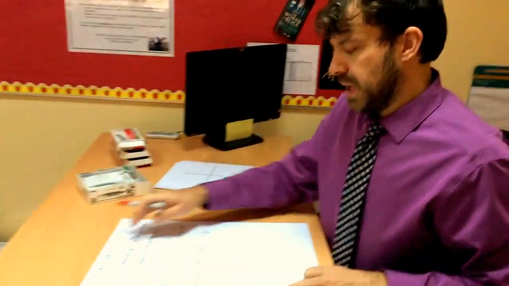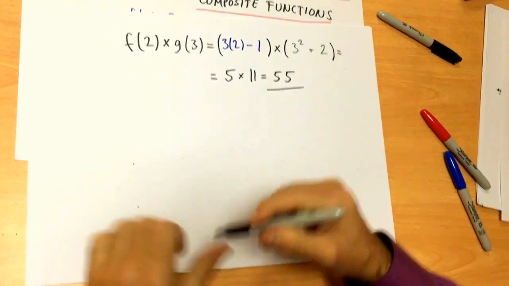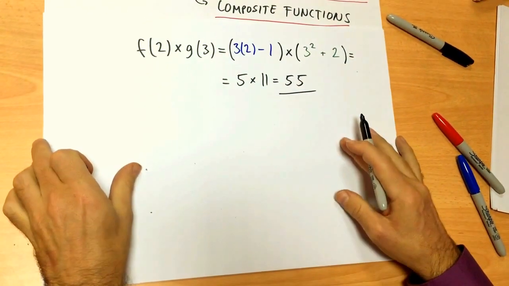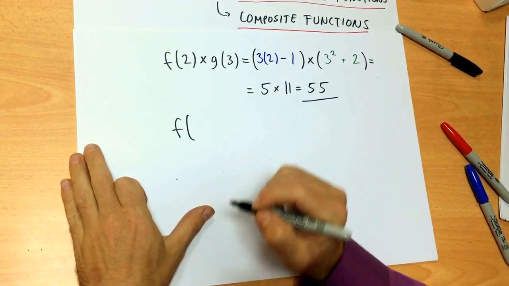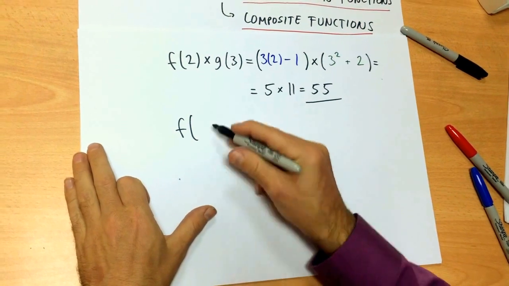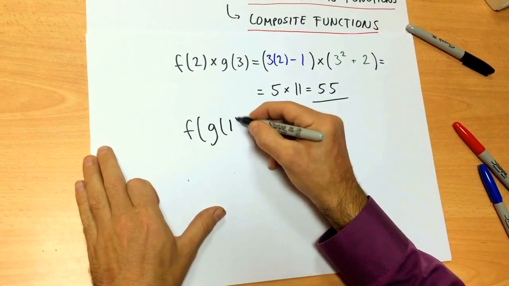Let's do the composite functions. Okay. Composite functions, what does that mean? Composite functions means that you have a function inside a function. We might be asking you, what is f of, and not a number now, we will have g of 1, for example.